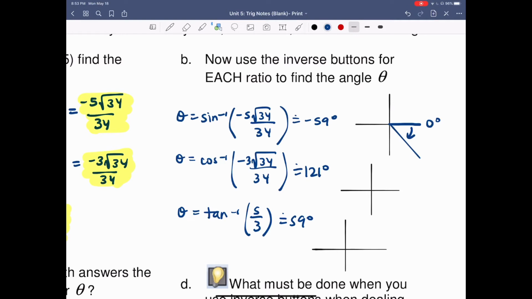So that is -59 degrees. We are consequently in quadrant 4, by the way. Okay, keep going. I have angle 121, so I know that's 0 degrees, that's 90, and so it's not yet at 180, so I know it's in this quadrant.